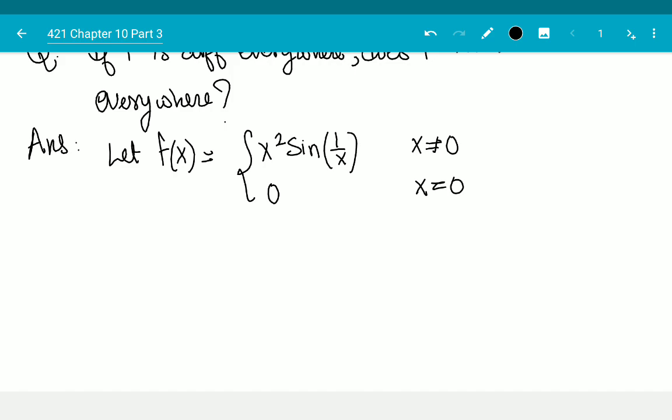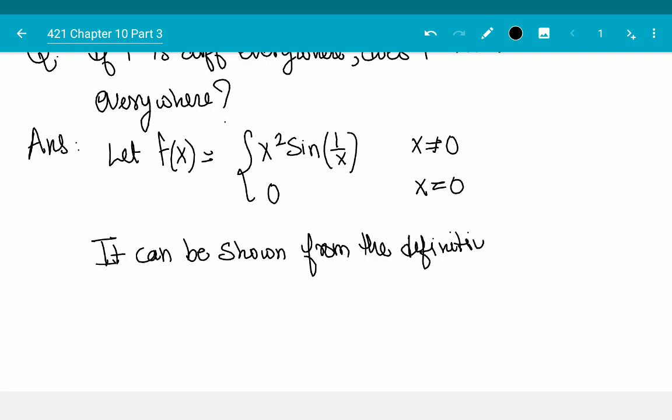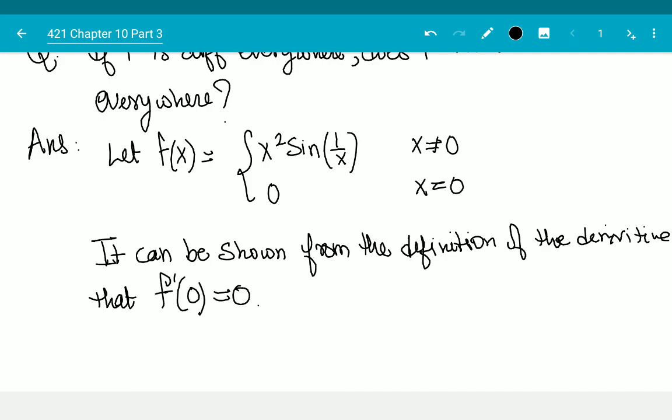Then we have seen, or it is easy to show from the definition of the derivative, that f prime of 0 is exactly equal to 0.